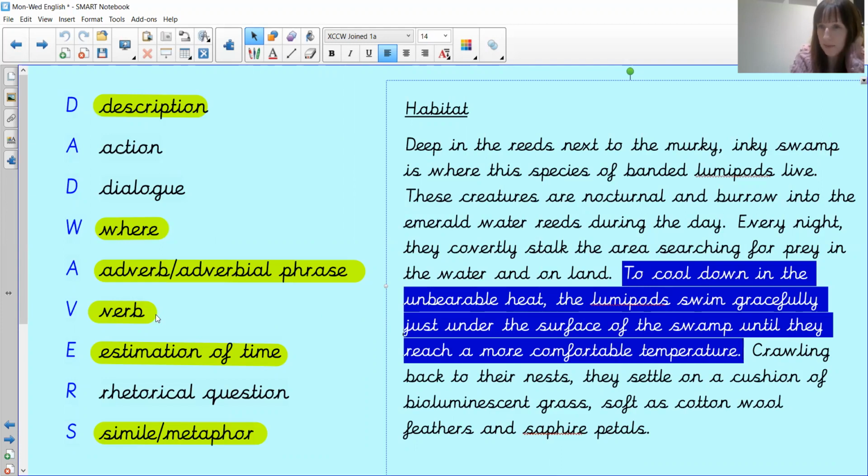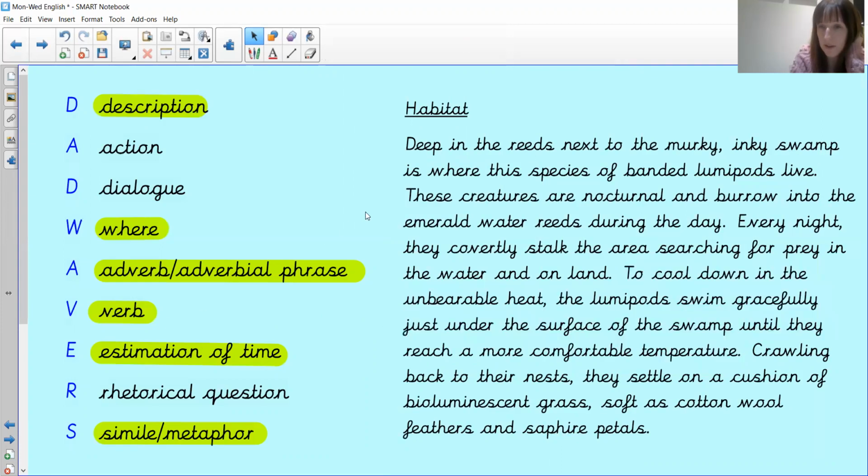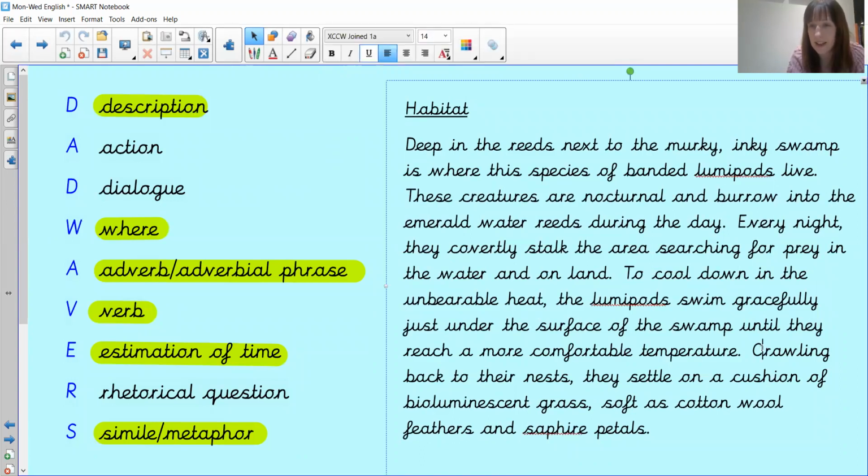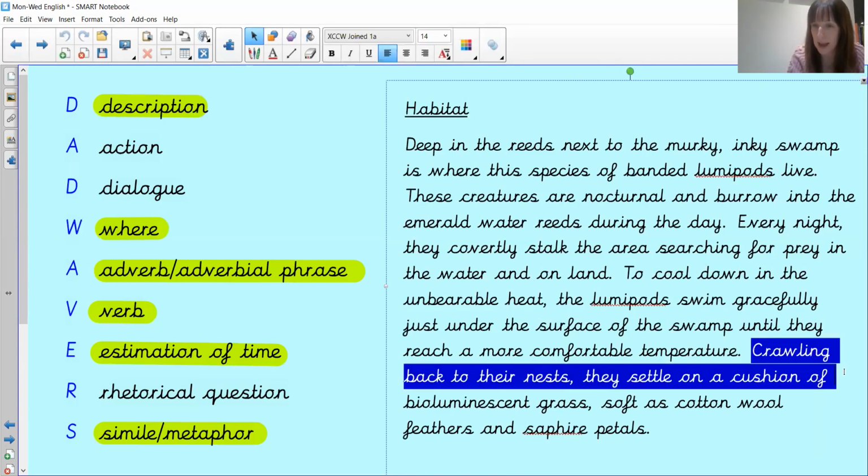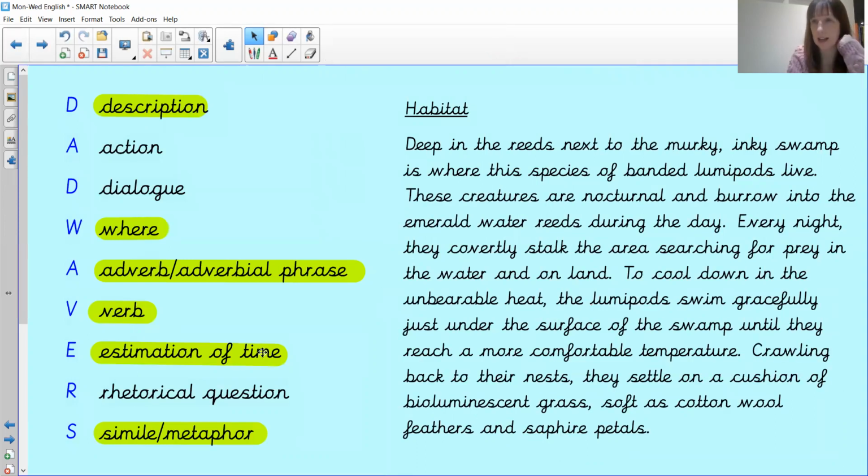Right, my verb. Can you see where I've started with a verb? Here it is, look. Crawling back to their nests. All right, there's my verb, crawling. What about a time word? Can you see any time words to start my sentence?